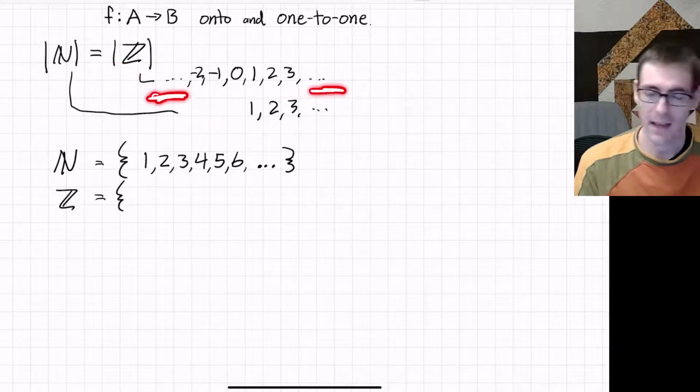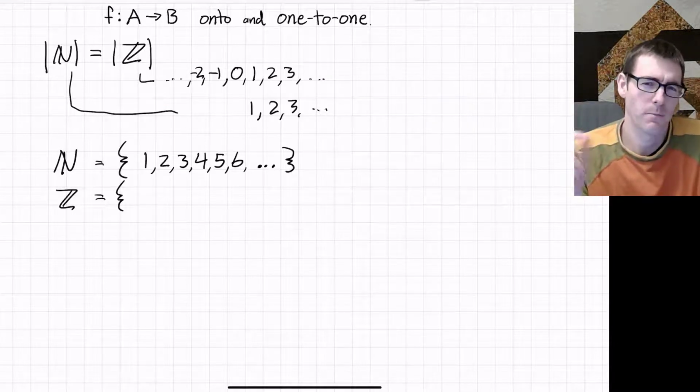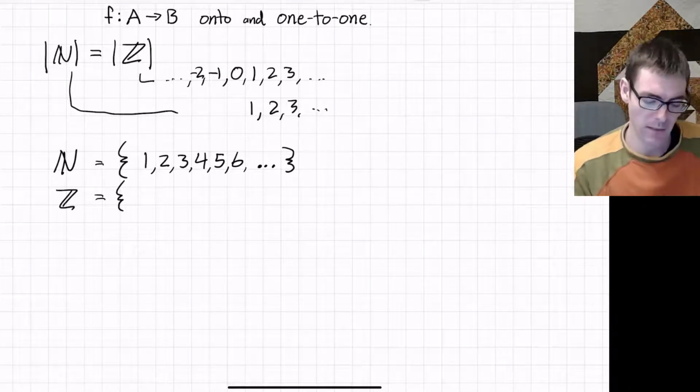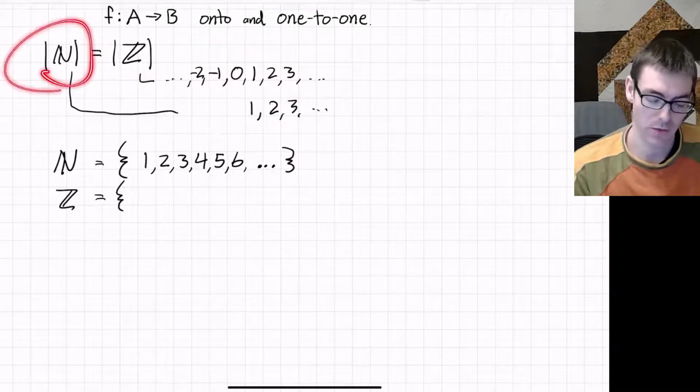Even though this set of integers has dots on the left and on the right, sort of meaning that it's going off to infinity in both directions, we can actually just rearrange the integers to end up looking very similar to the set of natural numbers.